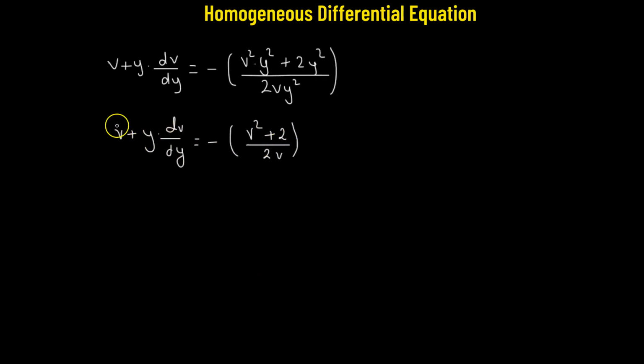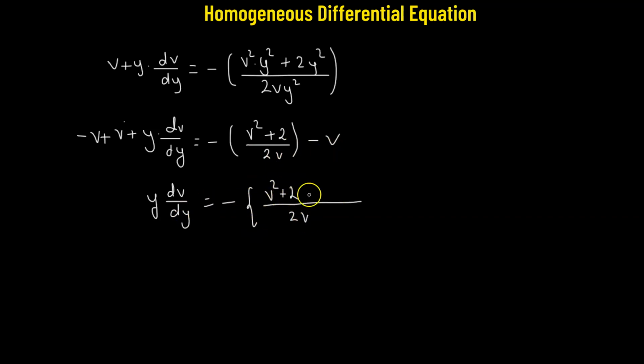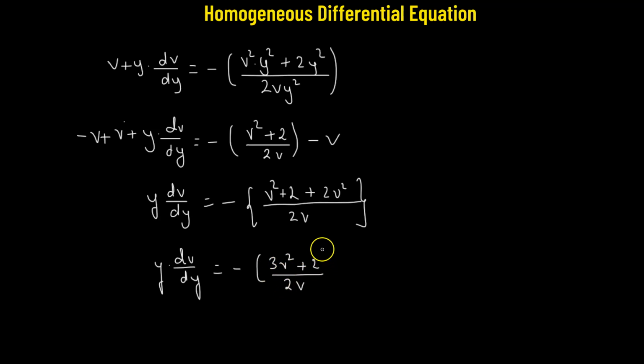Now we'll take the v from the left hand side to the right hand side, so we subtract v from both sides. This gives us y dv over dy equals, let's combine these terms, negative of (v squared plus 2 plus 2v squared) over 2v, so y times dv over dy equals negative of (3v squared plus 2) divided by 2v.